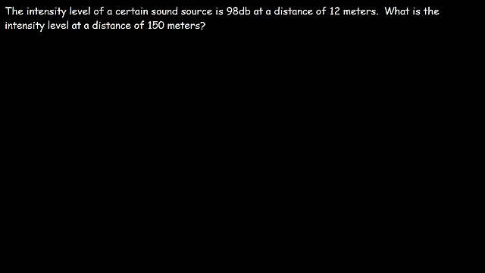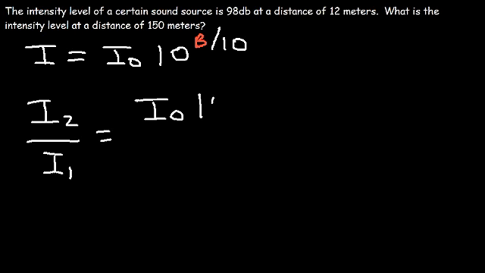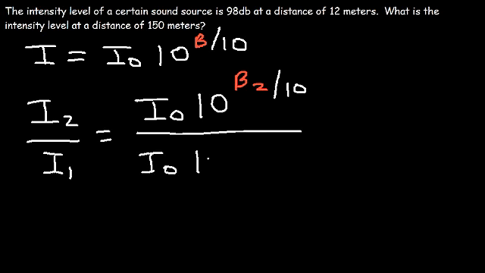Now we know that the intensity is equal to I naught times 10 raised to the intensity level divided by 10. We came up with this equation earlier in the video. So therefore, we could say that I2 divided by I1 is equal to, I2 is going to be I naught times 10 raised to the b2, the intensity level that corresponds to I2, over 10, and I1 is going to be I naught times 10 raised to the b1 divided by 10.